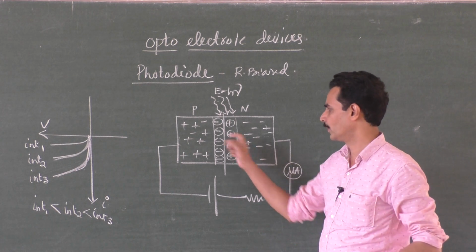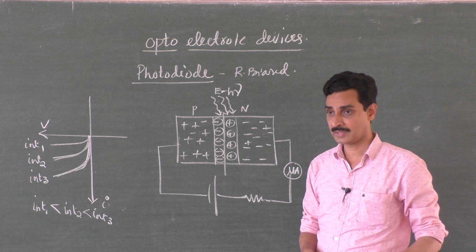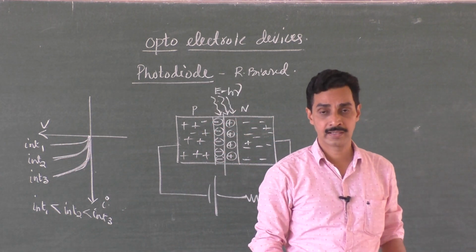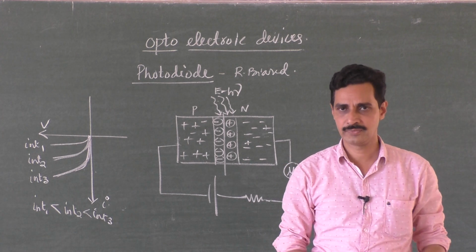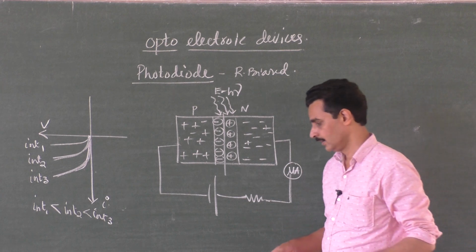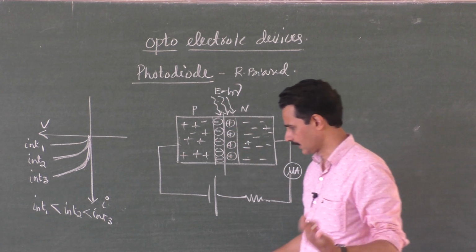These electron-hole pairs start moving across the junction along with the minority carriers and increase the current. The amount of light current depends on the intensity of light falling. The more the intensity, the more the reverse bias current. So you can directly convert intensity into an electrical signal, that is, current.